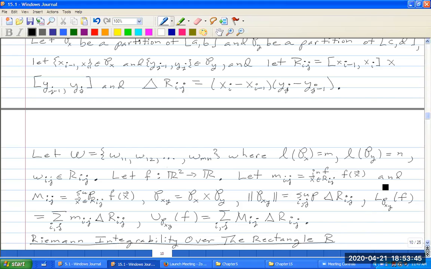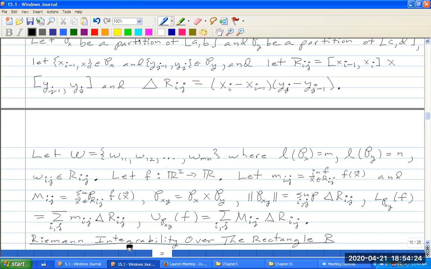Let the lower Darboux sum L with respect to the partition of the variables equal the sum over i and j of m sub ij delta r sub ij. Here, this is really a double summation, with i going from 1 to m, which is x, and j going from 1 to n.